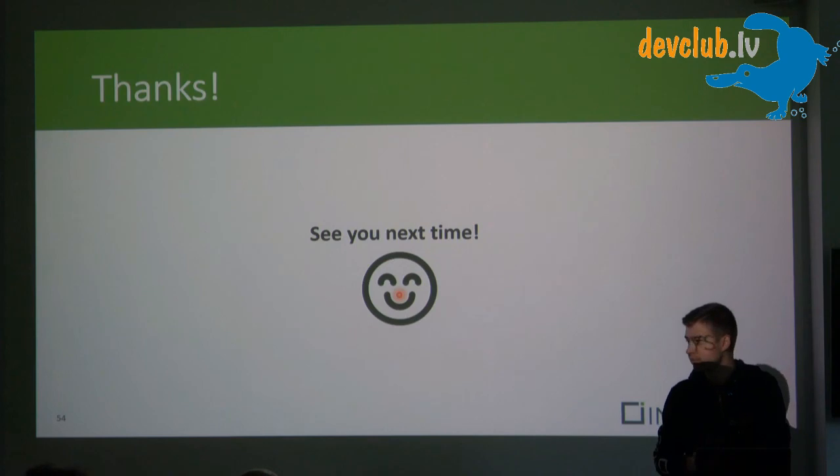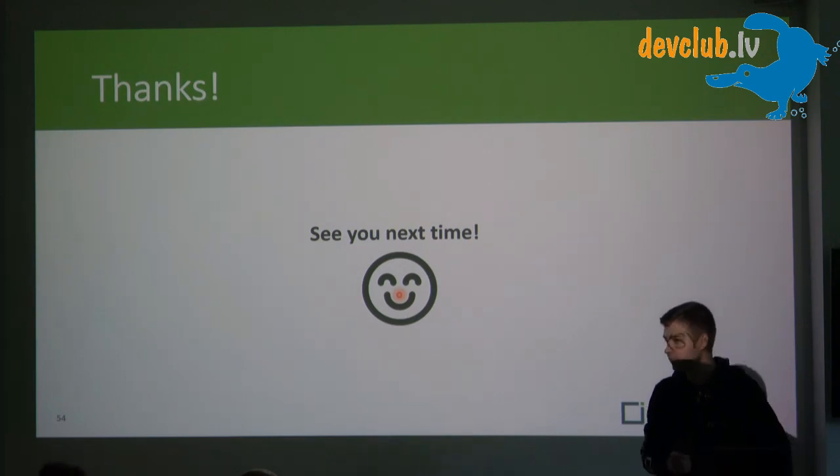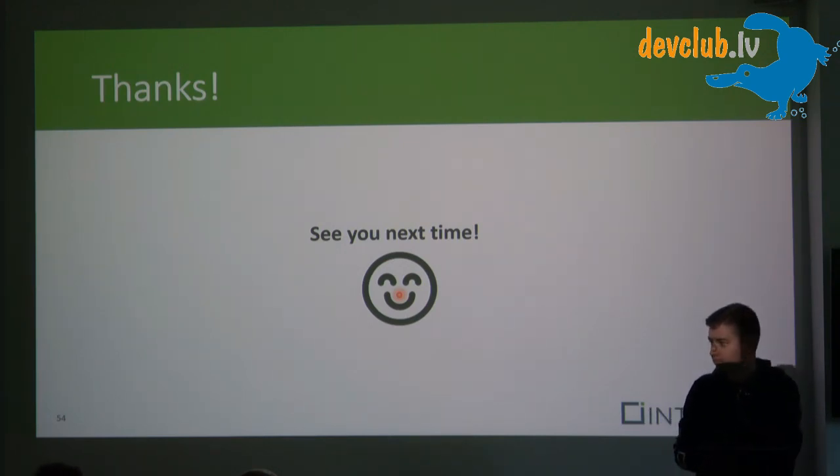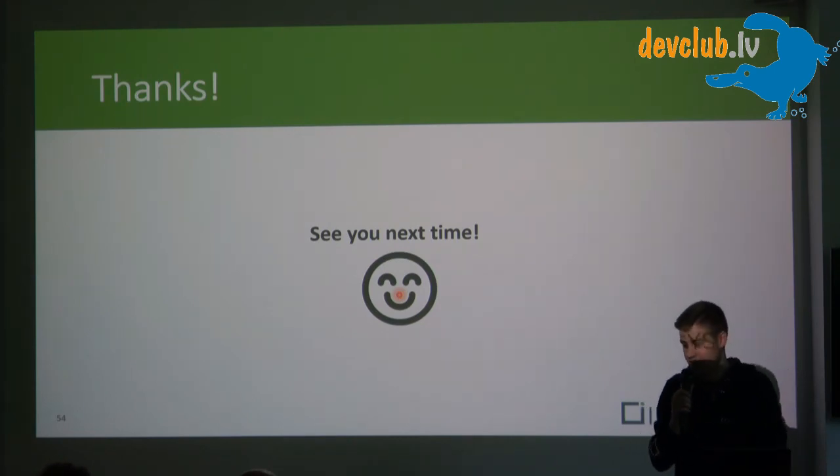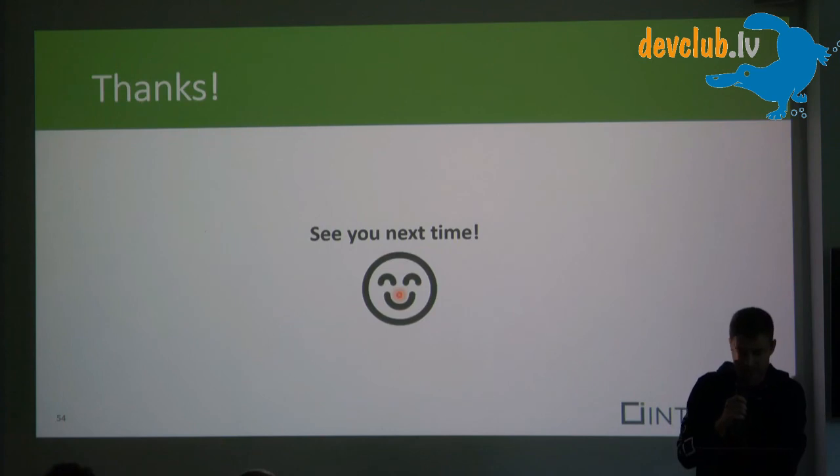How many people were engaged in all this setup and then all improvements? So for the first 3 versions of the cluster, I guess like 3 people, only our team. And later, a lot of DevOps were involved.